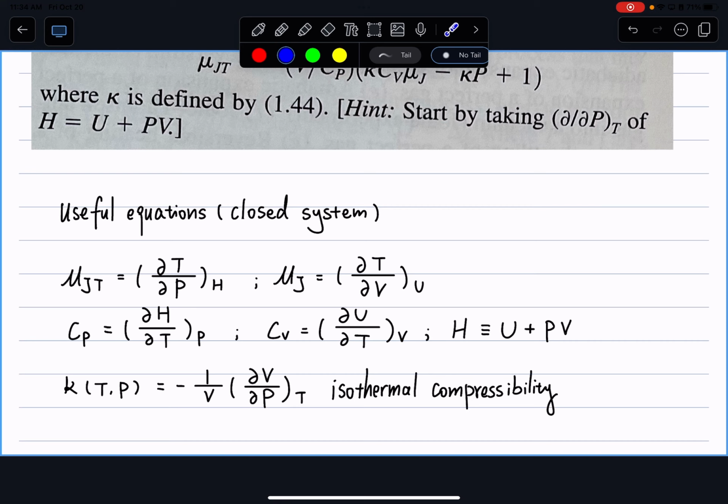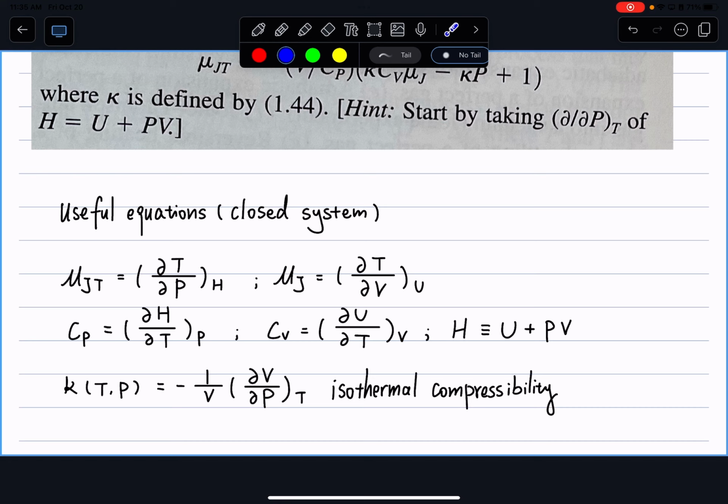Now we don't know what this partial derivative is, but we can write this term out and see how it relates to it using the definition of each of the coefficients. So let's start. We have V chi Cv mu J. V just stays outside, that's just a state function.